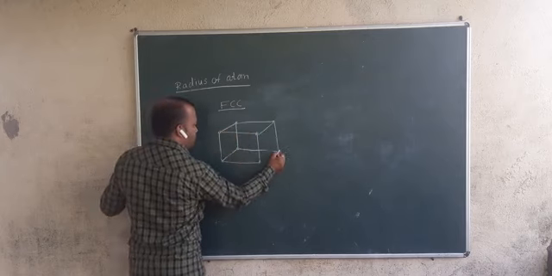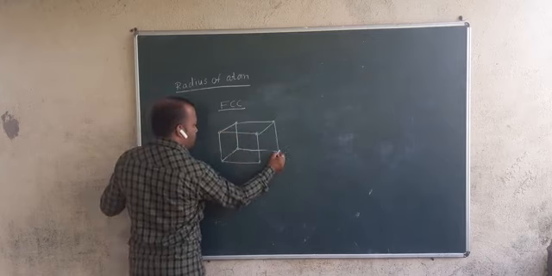If you solve this, you'll get 0.52. And if you want to find packing efficiency, 0.52 into 100, so it will be 52%. So how much will be the void?